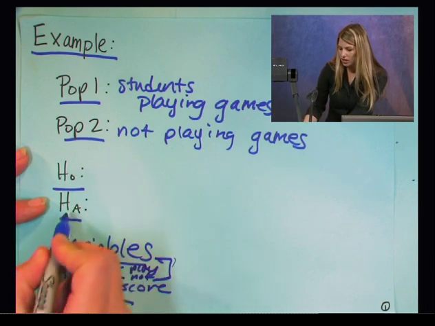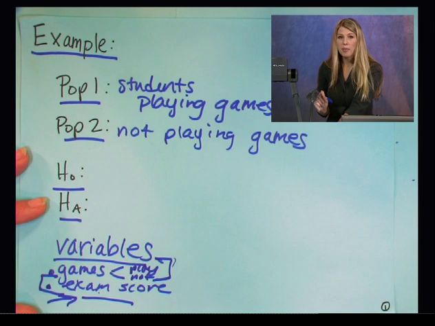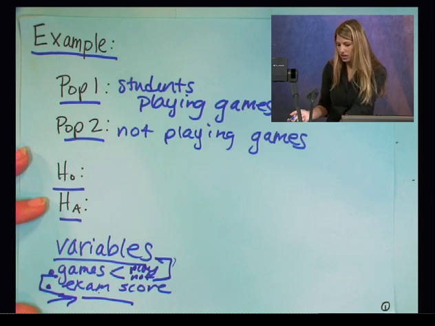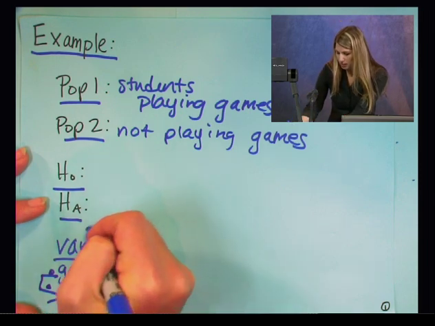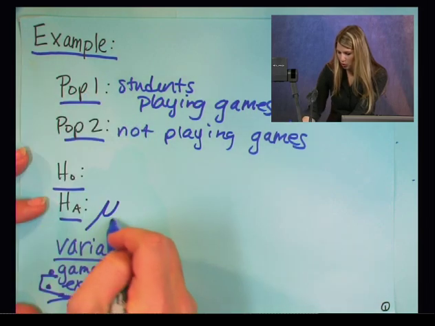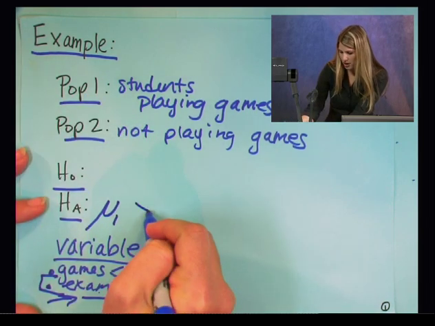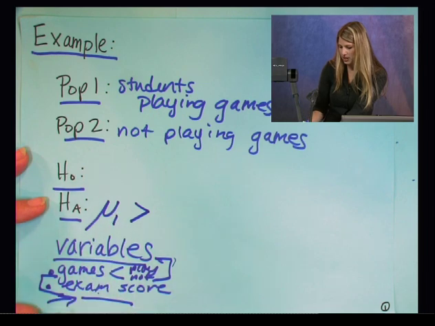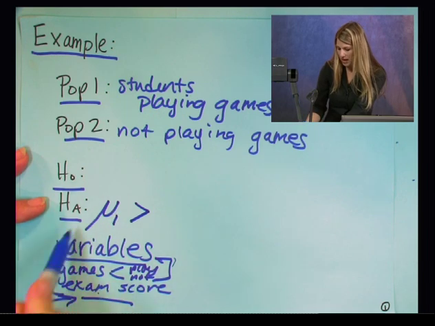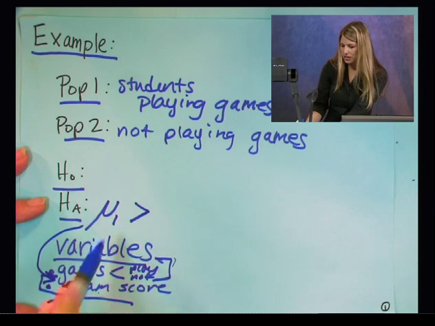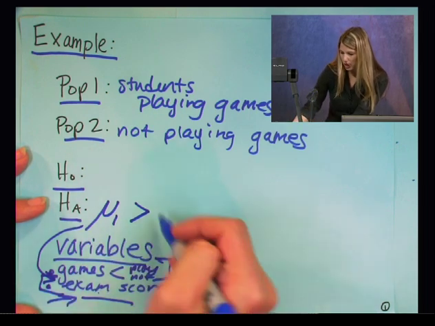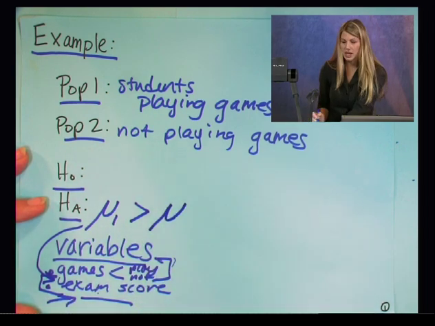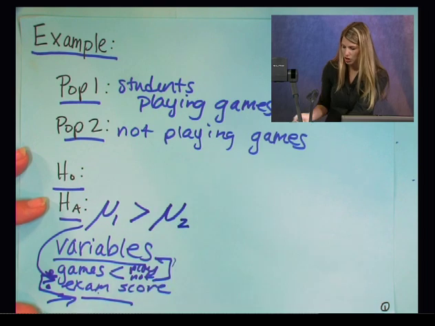So the hypothesis he's interested in, the research hypothesis or alternative hypothesis, is that the mean of population 1 is greater than, and this mean represents the population mean of exam scores. So the mean of exam scores for population 1 is greater than the mean of exam scores for population 2.